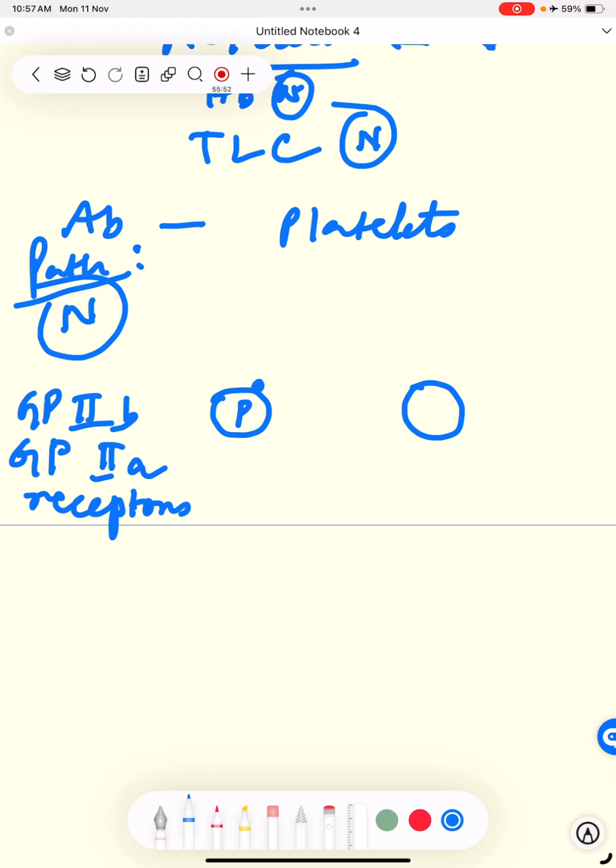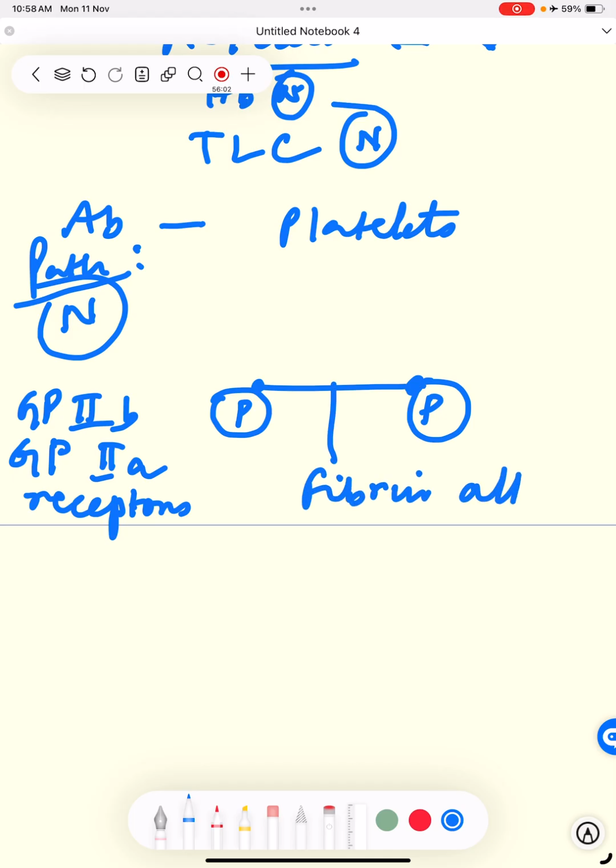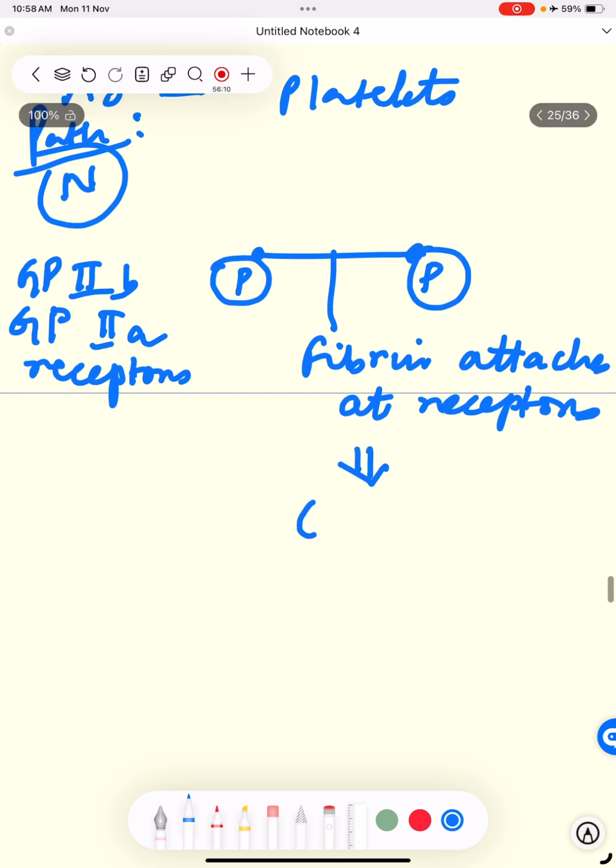So if this is one platelet, this is another platelet, the fibrin attaches itself to these receptors. At these receptors, the fibrin attaches, and that is how clot formation occurs. So these receptors are really important.